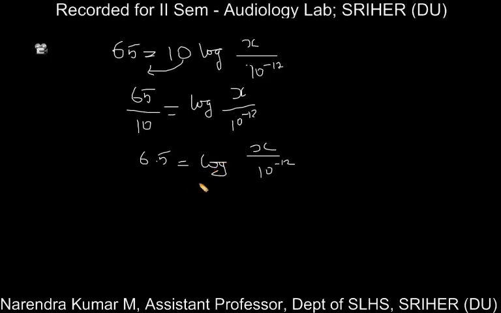Now we need to remove the log. If you want to remove the log, we need to take antilog. So taking antilog on both sides, log and antilog get cancelled. So antilog of 6.5 is equal to X divided by 10 to the power minus 12.